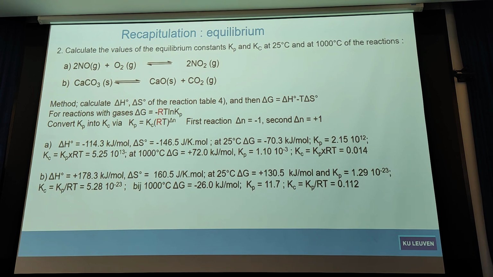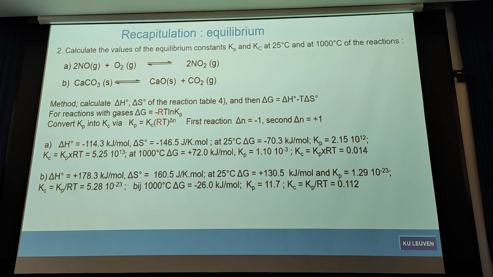For both of them, we find the data in the book of tables, table number 4. As usual, like we have done before in the chapter of thermodynamics, we do these kinds of calculations. Then with delta G equals minus RT ln Kp, we get Kp. And then Kp we can convert into Kc by applying a factor of RT.